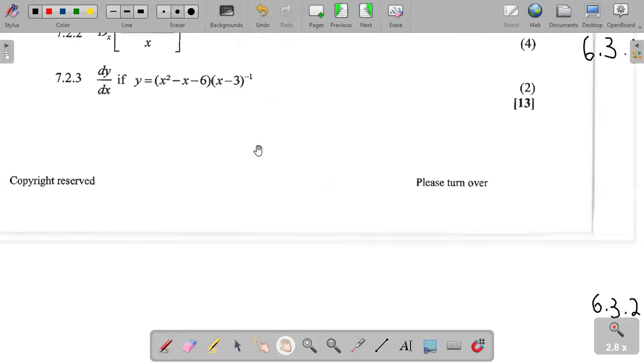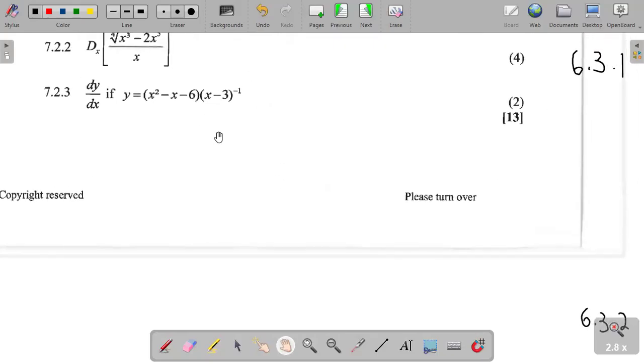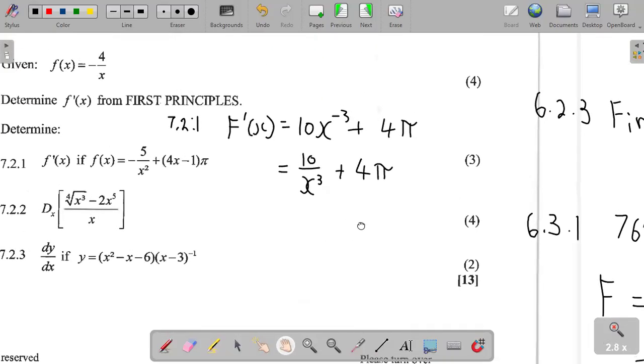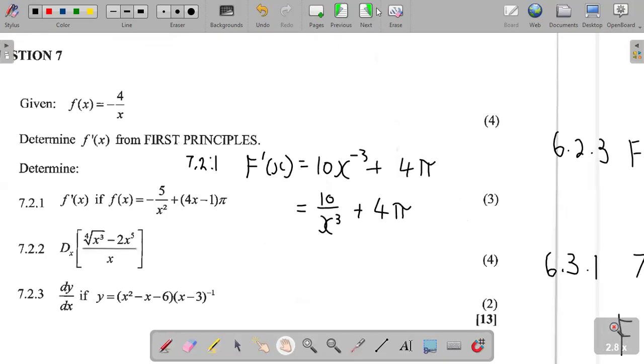Okay, so that was the end of question 7. Question 7 had what? 13 marks. And it was differentiation. Okay? Let's go to question 8.